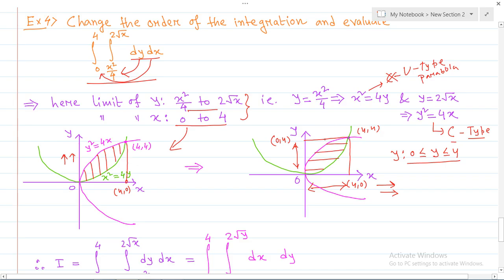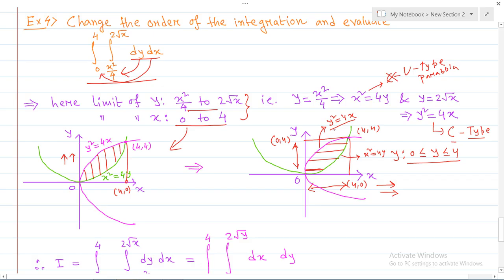Okay, so on the top is the parabola where we have y square equal to 4x, and the green line, that is the lower parabola, is x square equal to 4y. If you look at these lines, basically each line is starting from this C-type parabola. So on this C-type parabola, what is the value of x?